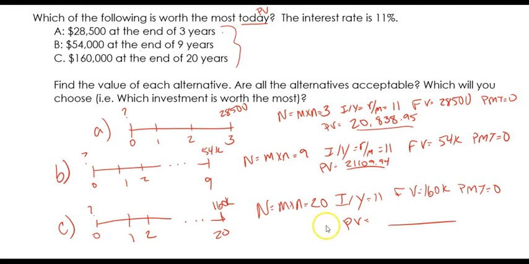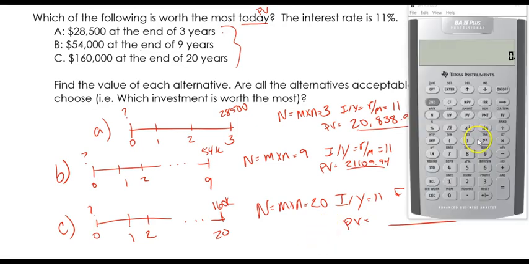So the present value here equal to 20 years, 11%, nothing additional received, and $160,000 at the end of the 20th year. So compute present value, and I get $19,845.43.